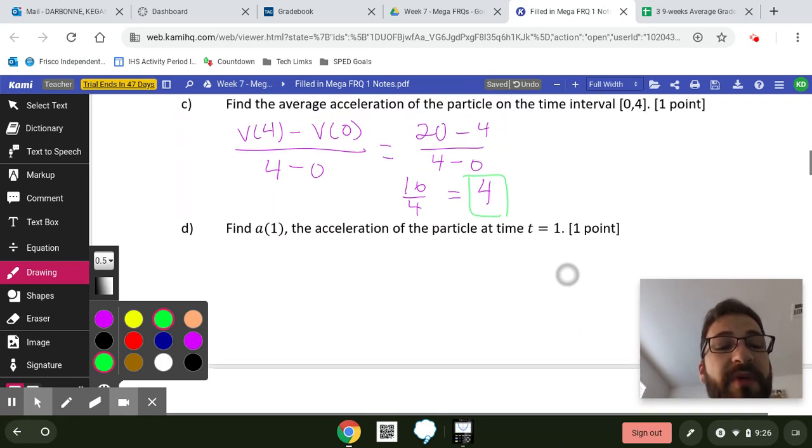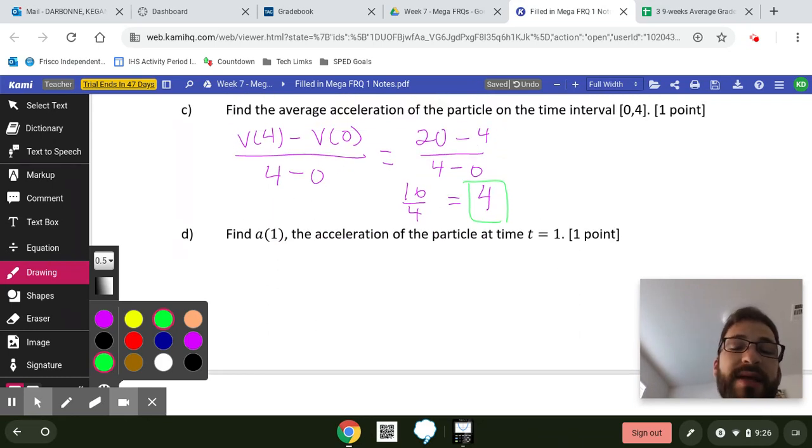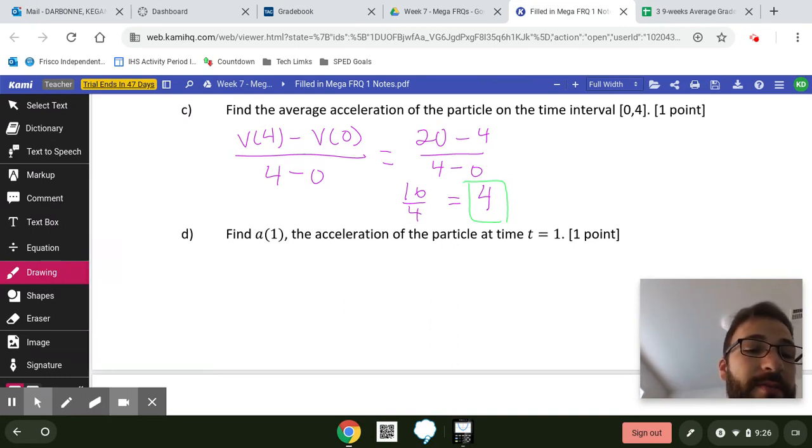All right, part D, we want to find a of 1, the acceleration of the particle at time t equals 1. So the difference between finding the average acceleration and finding the specific acceleration at a point, now I want to know the derivative. I want to know that instantaneous rate of change. So this is IROC. So to find IROC, I need to find the derivative. So I need to take the derivative because v prime of t is equal to a of t.